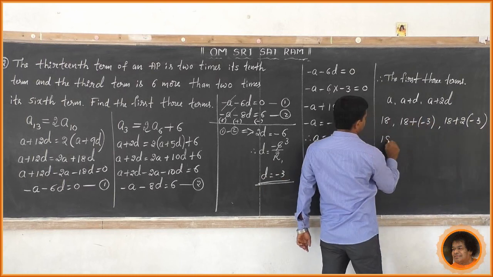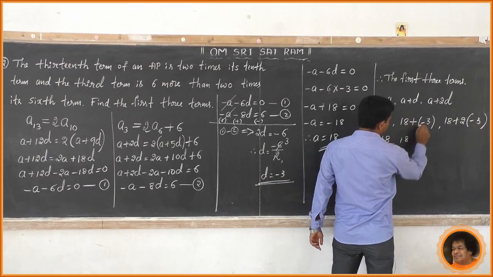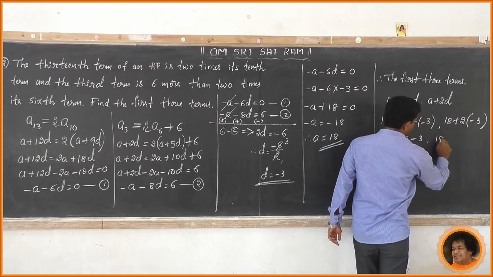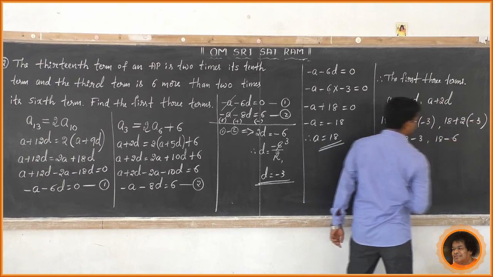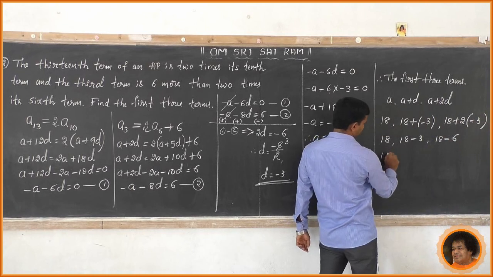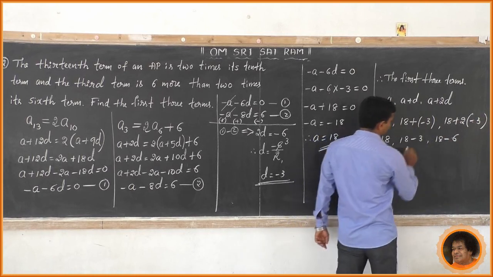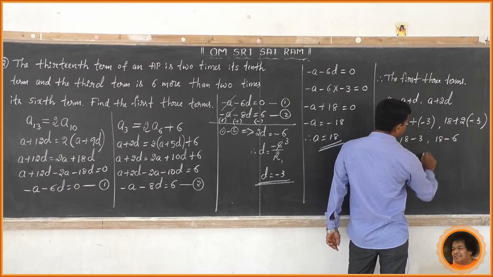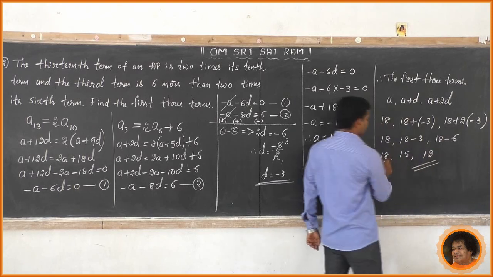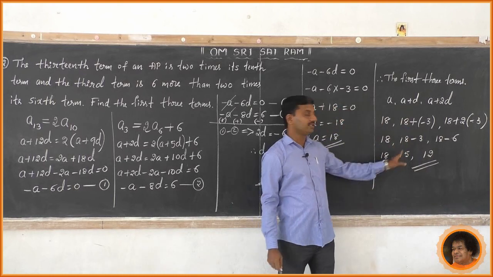Now simplify. 18, then 18 minus 3 is 15, then 18 minus 6 is 12. So 18, 15, 12, which are in AP.